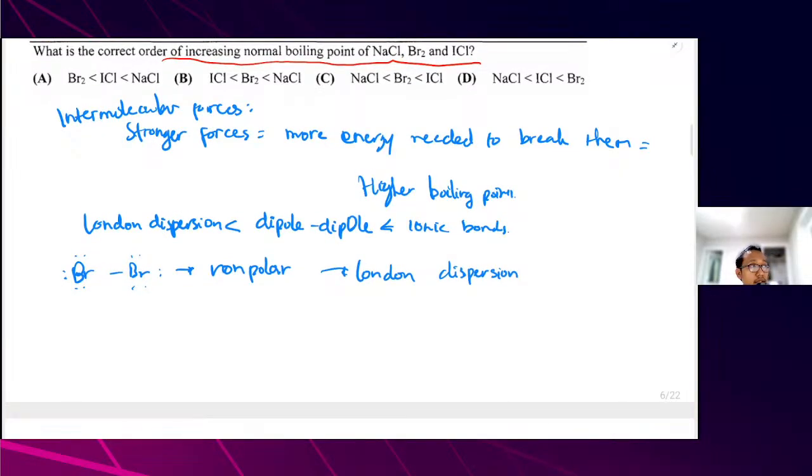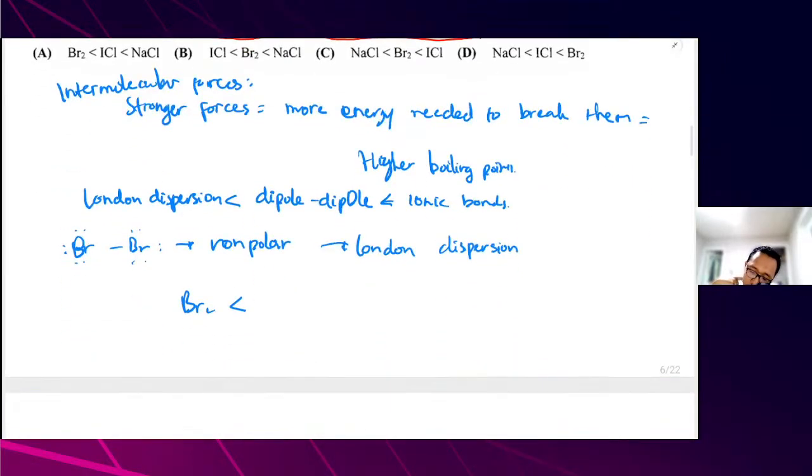It's just a non-polar molecule. This is the lowest one. PR2 is probably the lowest one.